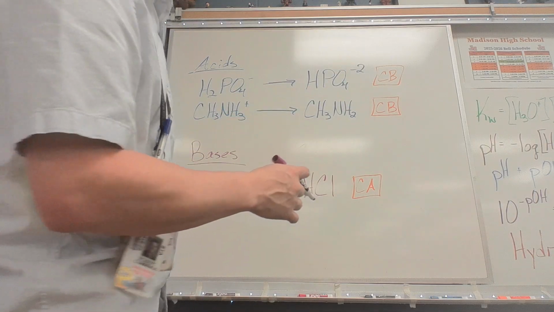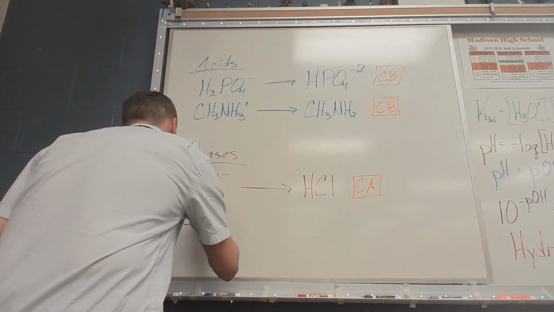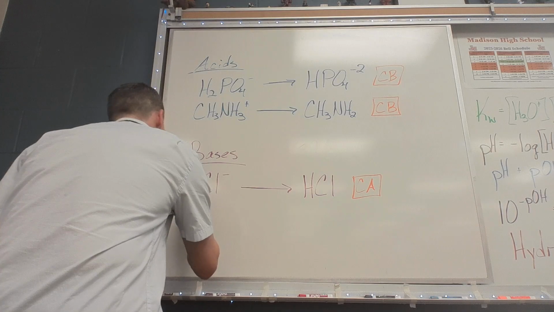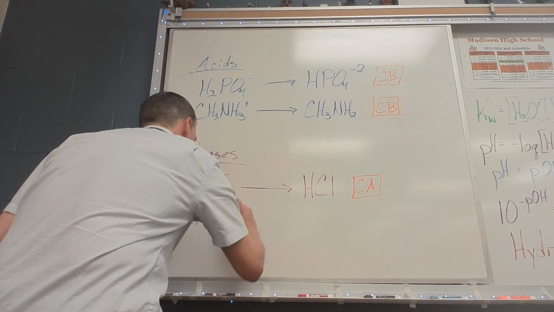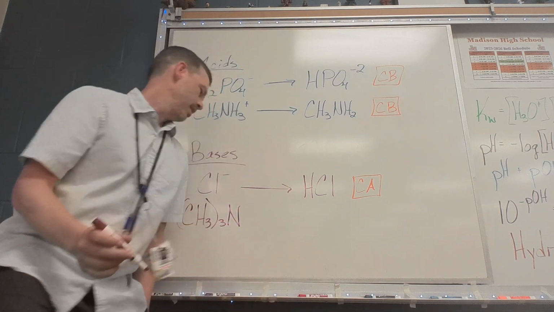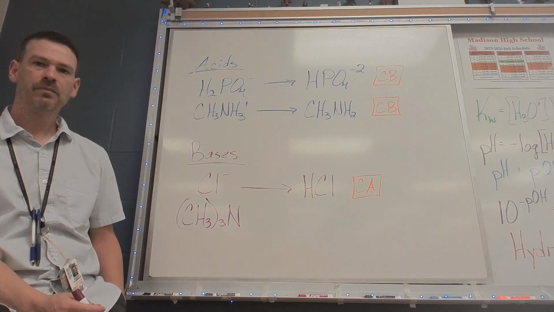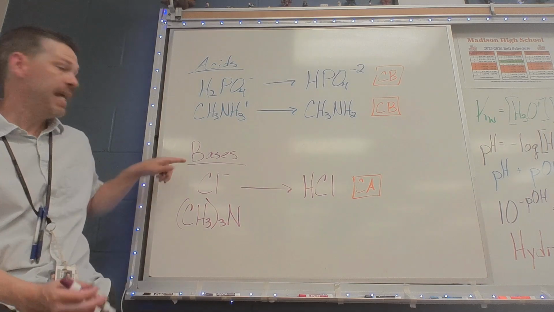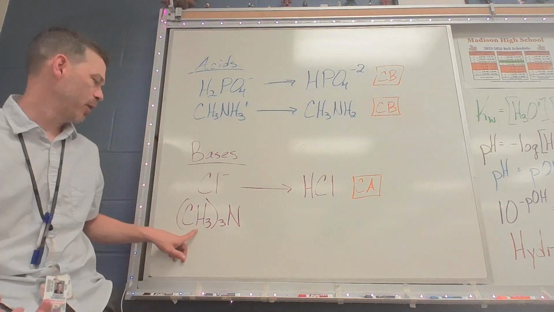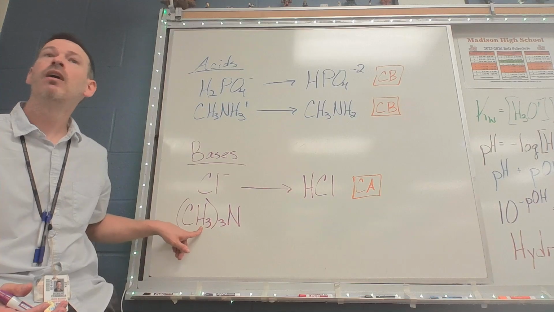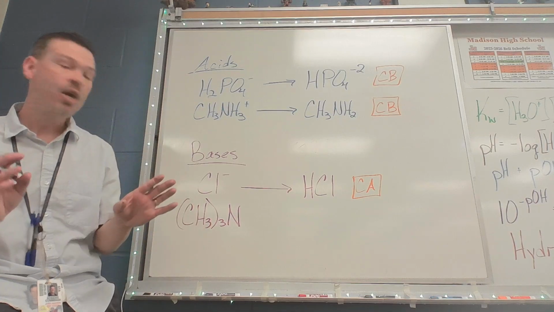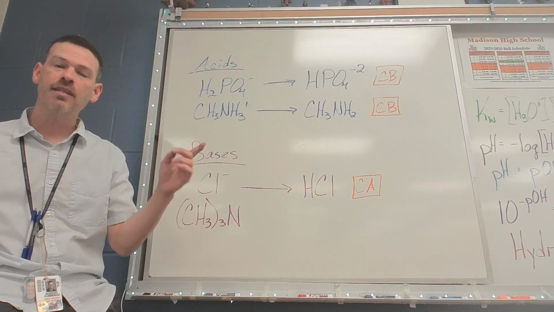All right, CH3 3N. It's a base, so we want to give it a proton. Should I put it right there in the middle on that H3? No, don't go to the middle. You can go to the beginning or the end.